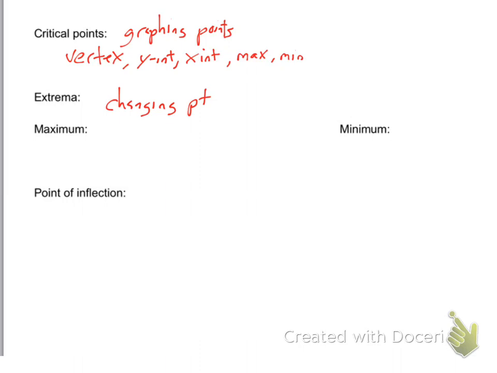And those extrema points end up forming the two below it, which is a maximum and minimum. Maximum, what we would call the highest point, and minimum would be the lowest point.